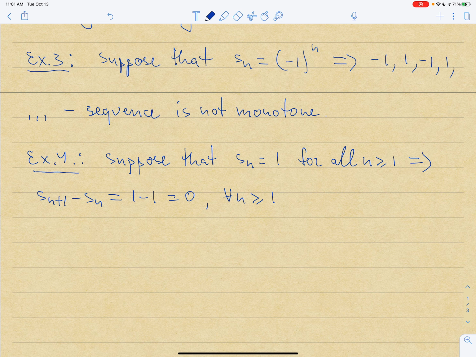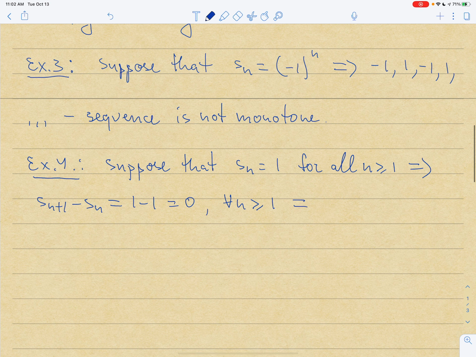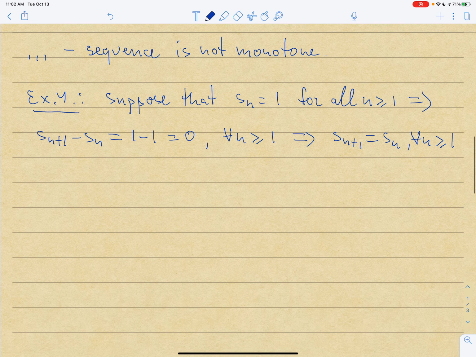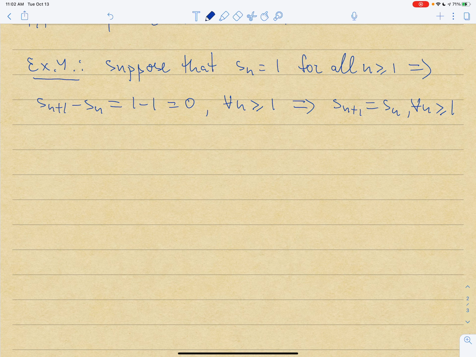What I'm doing here is fairly trivial. It means that Sn plus 1 is the same as Sn for all n greater or equal than 1. But then, from this, I can conclude that Sn plus 1 is less or equal than Sn for all n greater or equal than 1.